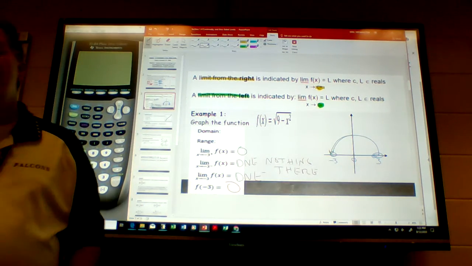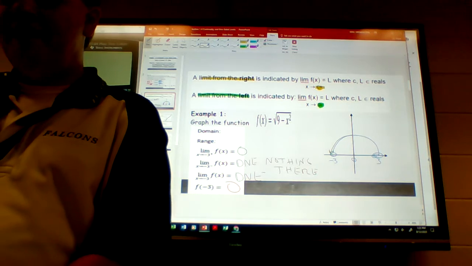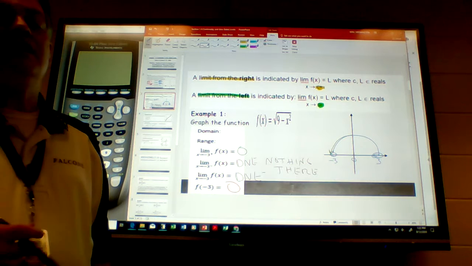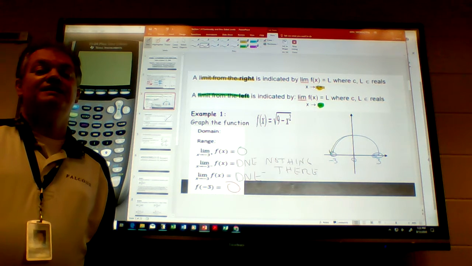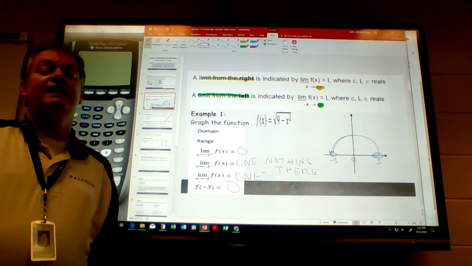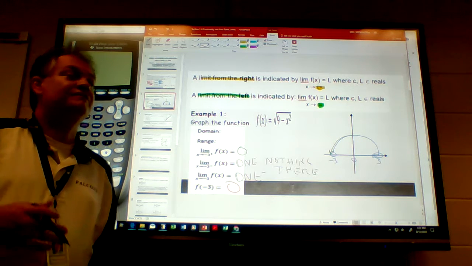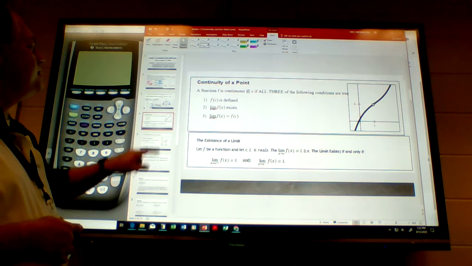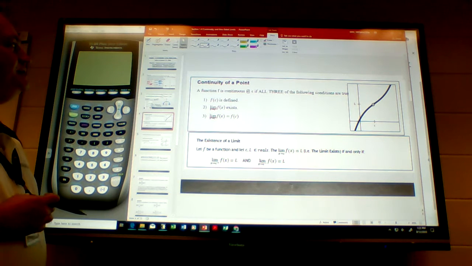Now, that's that. So you have to remember, limits coming from the positive side or the right and limits from the left have to be equal. We'll talk more about that as the section goes on. Okay. Next, we're going to talk about continuity.